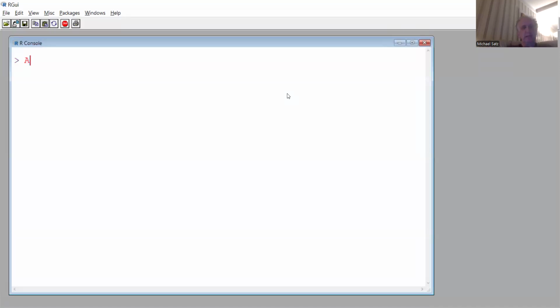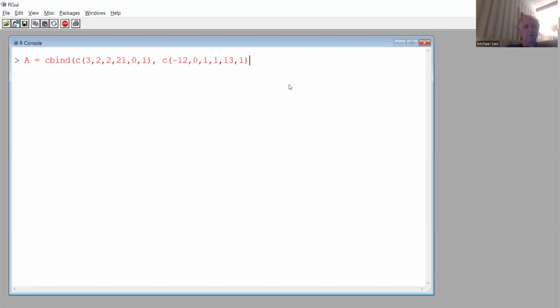I'm going to make a matrix A equals cbind, and let's make it 4 by 4. So I'm going to make it 4 columns. I can just put any kind of garbage I want in here, and I'll just make this garbage have like 6 entries. It doesn't even matter. c(-12, 0, 1, 1, 13...).